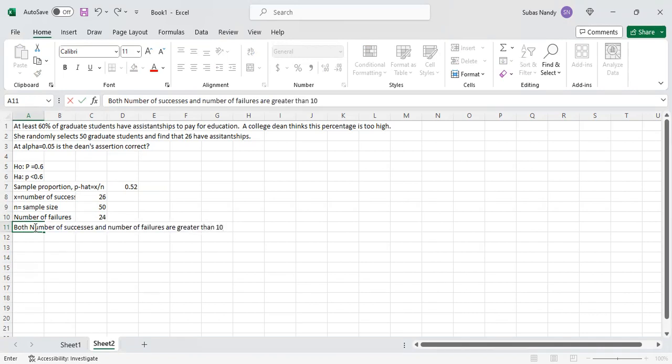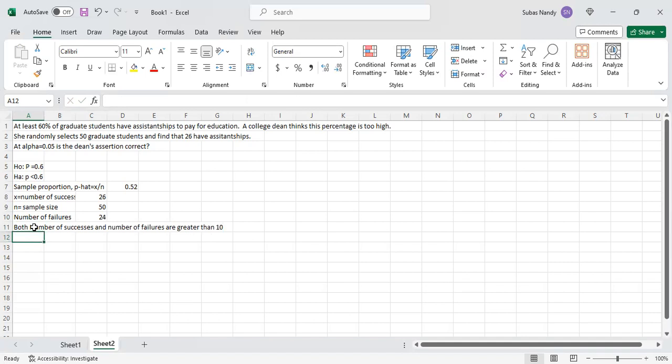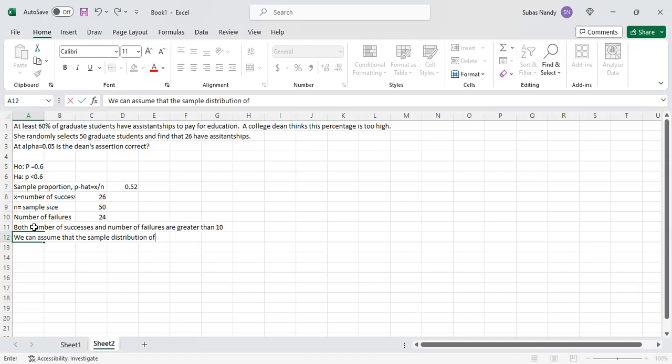What does it mean? It means we can assume that the sampling distribution of P hat, that is the sample proportion, is normal.